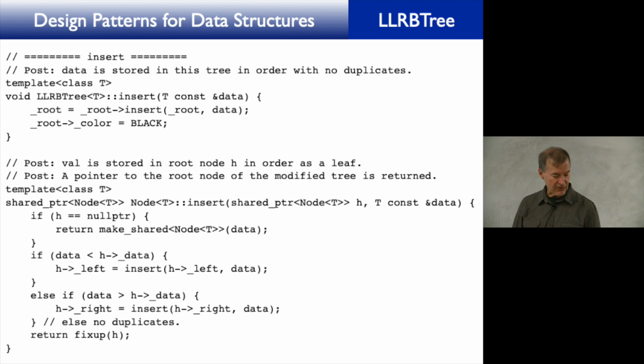So H arrow left is used twice. H arrow left gets something, and insert H arrow left actually returns a pointer that H arrow left gets. And similarly with H arrow right. And if we found a duplicate, we just don't do anything. All we do is return fix-up.